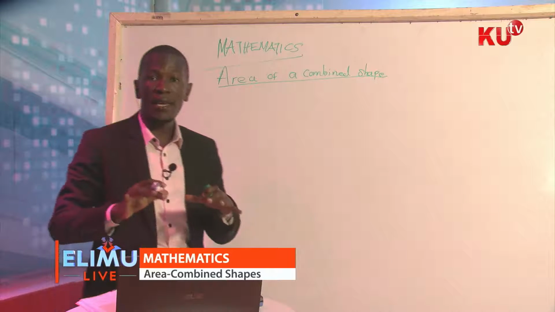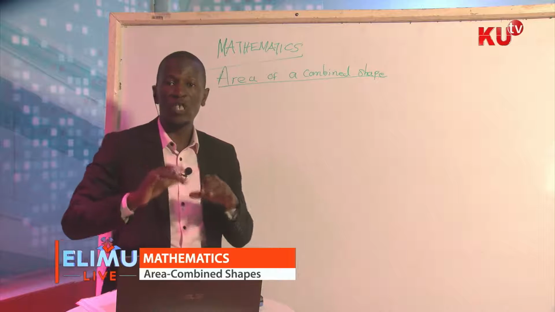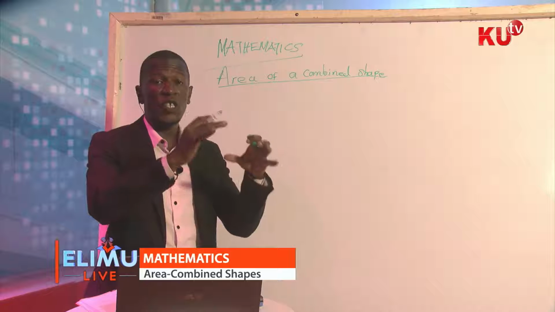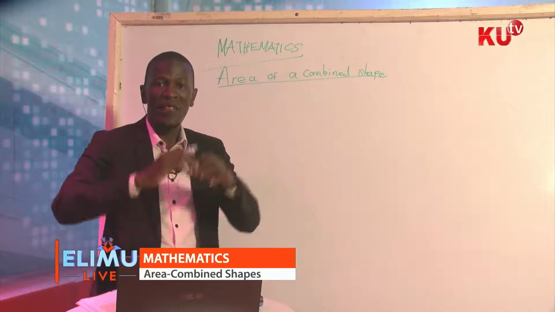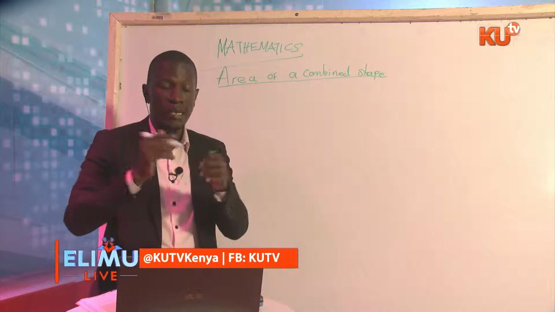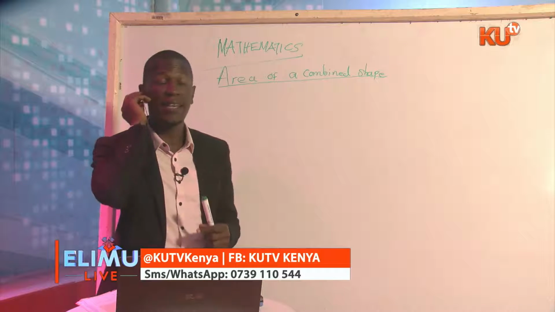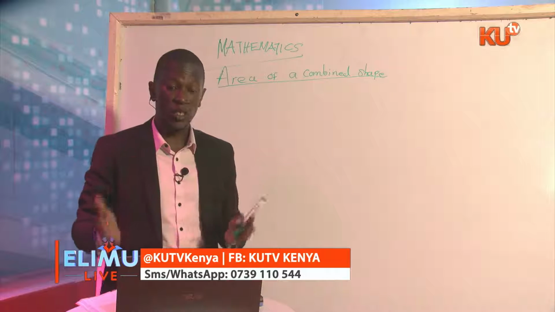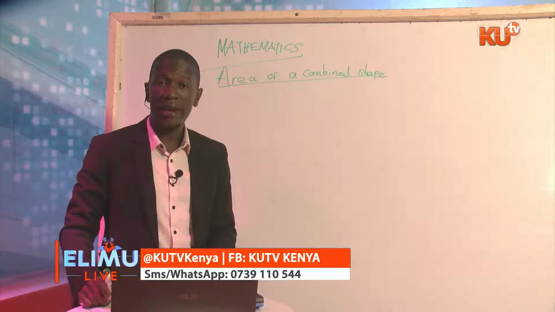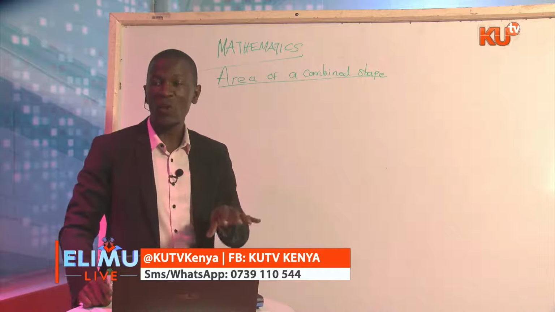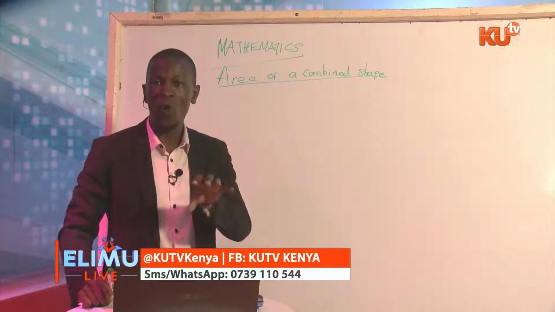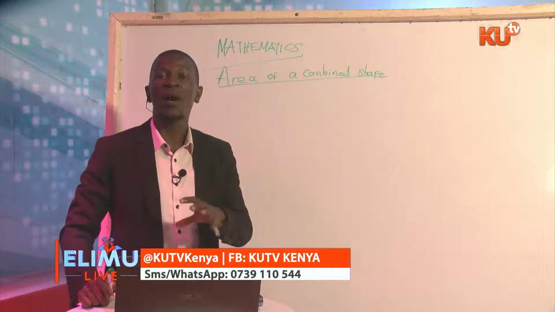And you need to understand, when you are looking at the area of combined shape, why are we talking about combined shape? It is because different shapes have been combined. It is made up of basic shapes, which I want to believe we understand. These basic shapes are square, rectangle, and triangle. That's why we need to know how to find these areas before we find the area of the combined shape.